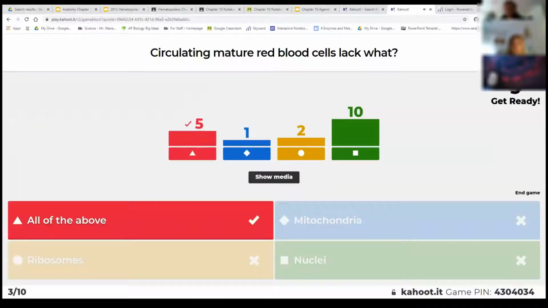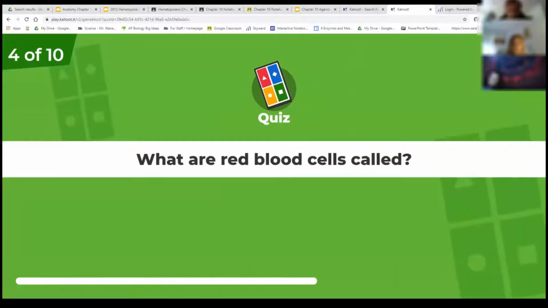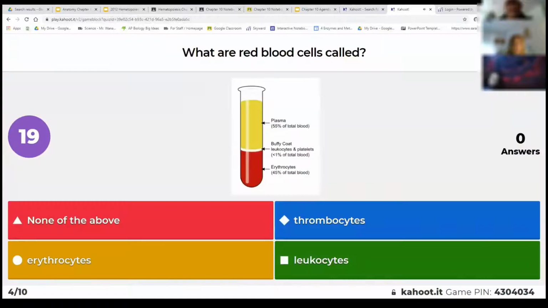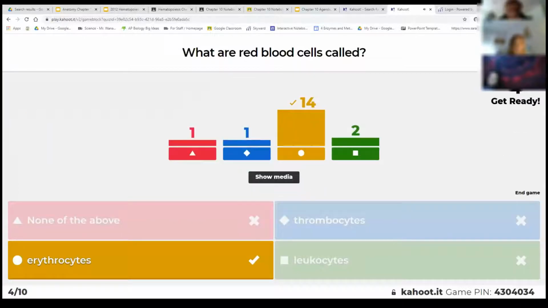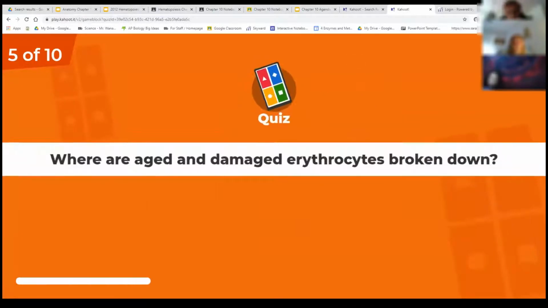We maybe didn't talk about ribosomes, but you should have remembered that. Woohoo, nice work, kiddos. Erythro means red, thromb means clotting.